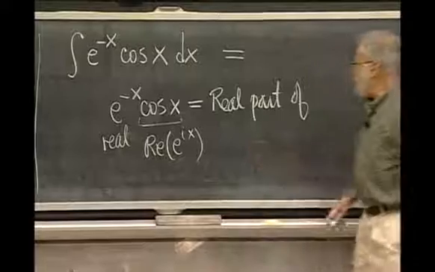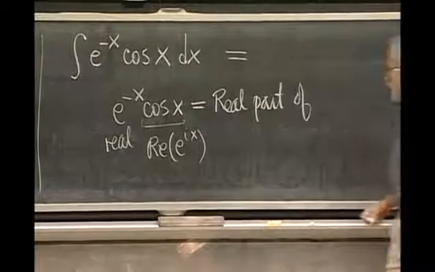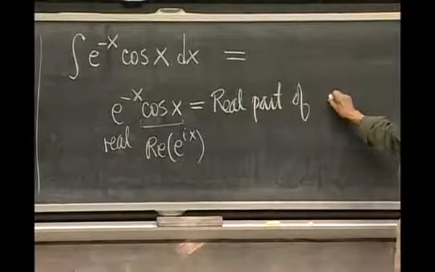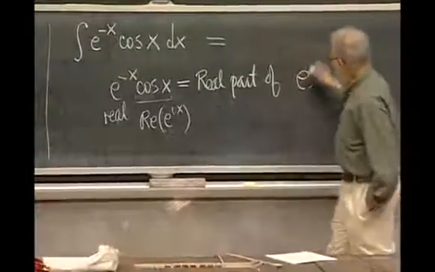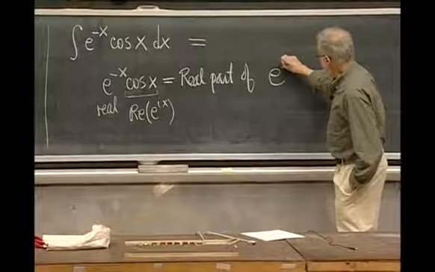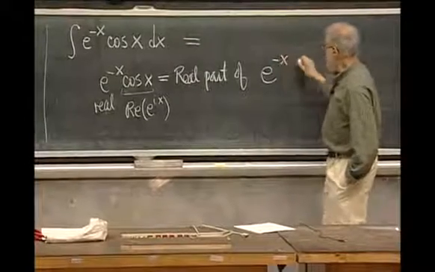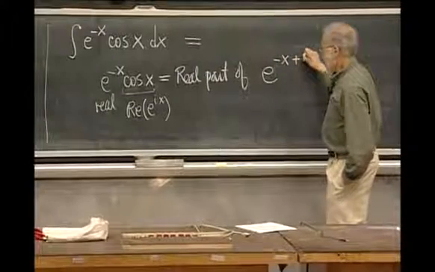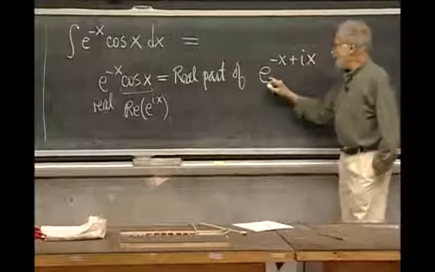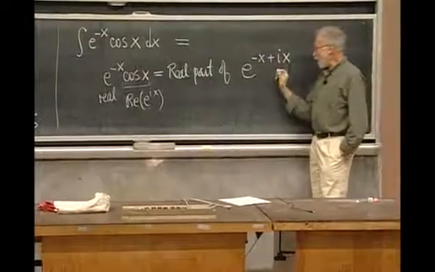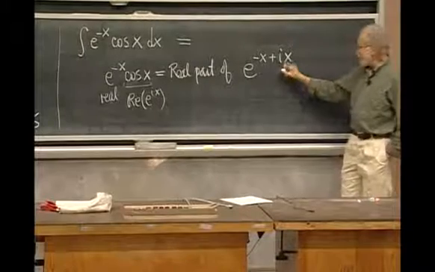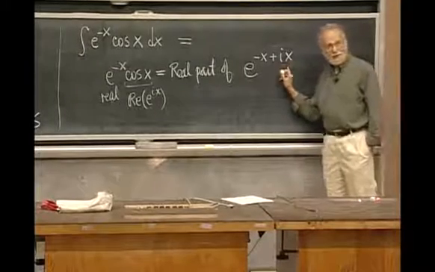Now, if I multiply these two together, this is going to turn out to be, therefore, the real part of e to the minus x. I'll write it out very pompously, and then I'll fix it. I would never write this, but you are you. Okay? It's e to the minus x times, when I write cosine x plus i sine x, the real part of that is cosine x.